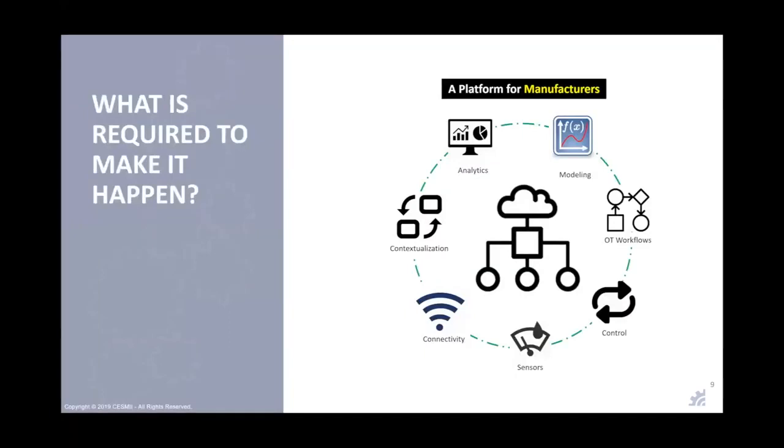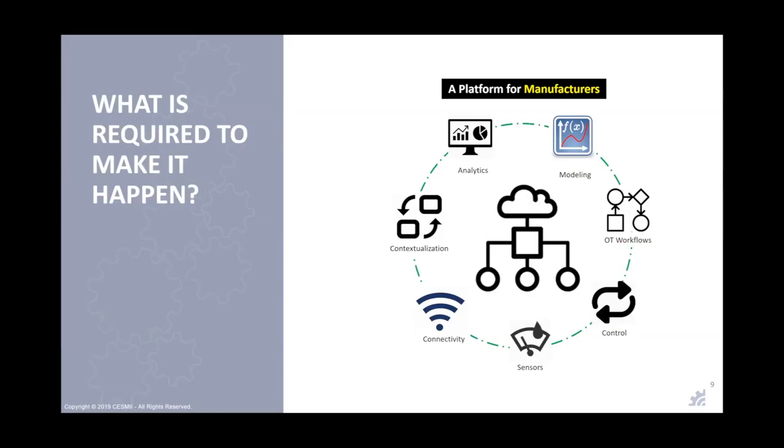So if you think of the iPhone or the Android phone as a platform where application developers and consumers come together, this is somewhat like that. You have a platform for manufacturing and manufacturers. And around this platform are these functions that are listed here, which were part of the last slide as well.